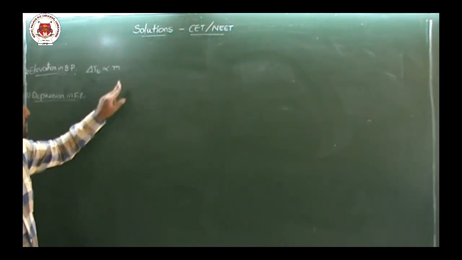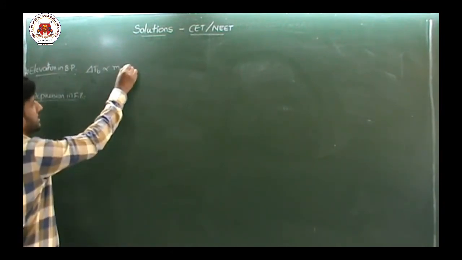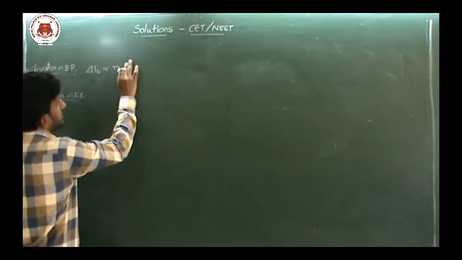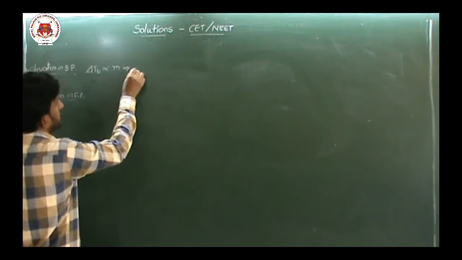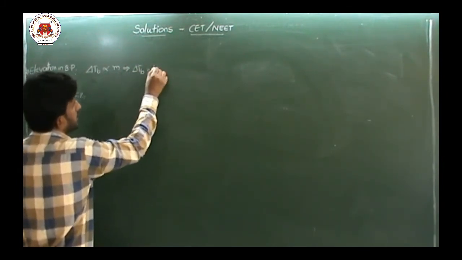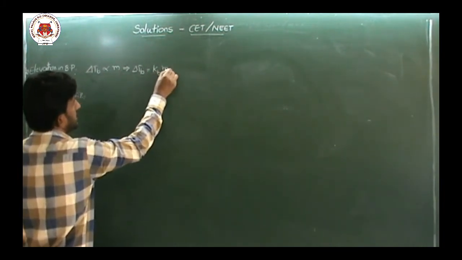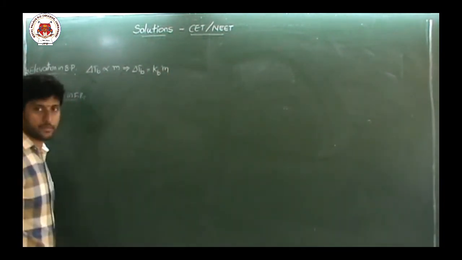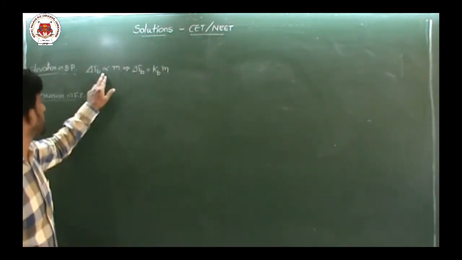Okay. Now I can write from here delta Tb is equal to Kb into molality. Kb into molality means proportionality is removed, you get a constant. Here Kb is called molal elevation constant or ebullioscopic constant.